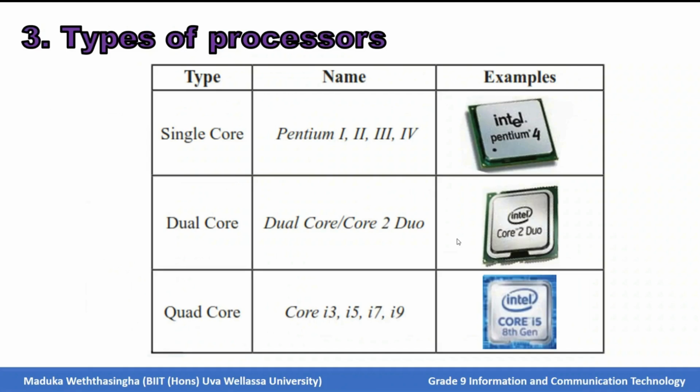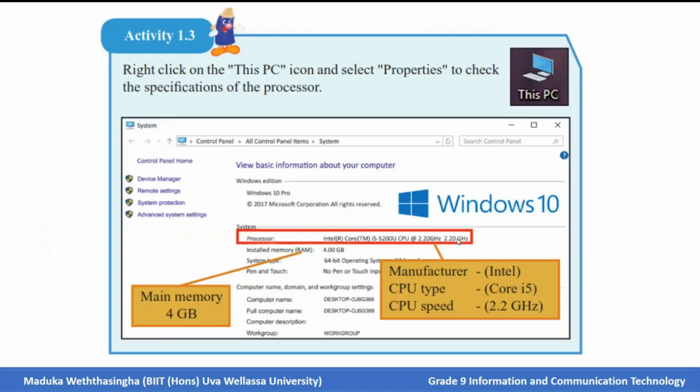Then dual core: Dual Core and Core 2 Duo. These two processors belong to dual core. Then quad core: Core i3, Core i5, Core i7, Core i9. These are some examples for quad core. Right? Let's go to activity 1.3.